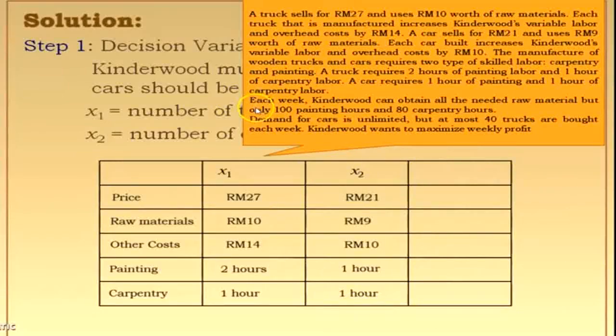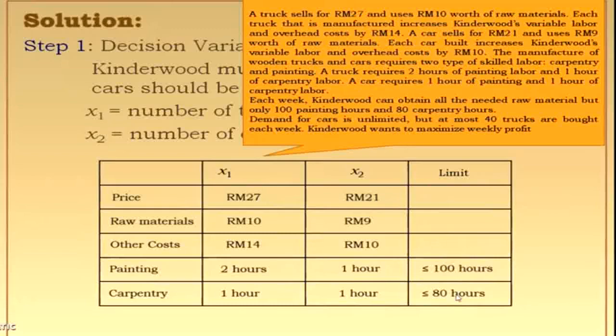From this sentence, there is no limit for raw material, but only 100 painting hours and 80 carpentry hours available each week. In column limit, we know that Kinderwood can use not more than 100 hours of painting and maximum 80 hours of carpentry work.